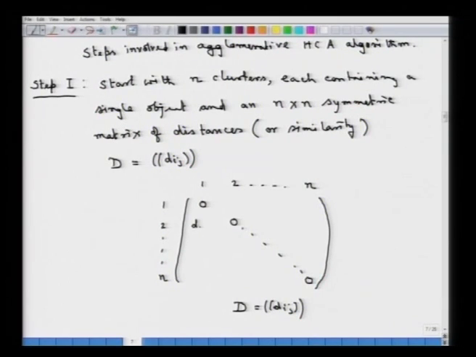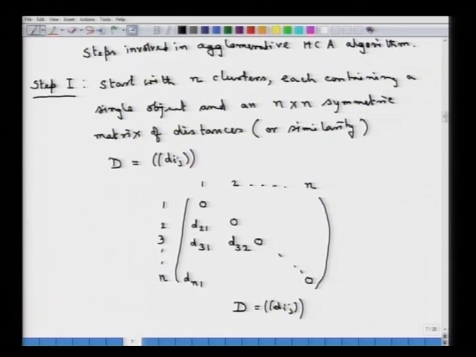So, this I can say is d_21. This is going to be for the third object. So, this is going to be the distance between the third object and the first object, the distance between the third object and the second object, and of course, the distance between the third object and itself would be 0, because it is the mutual distance of that object from itself, and like that you will have all the entries out here.